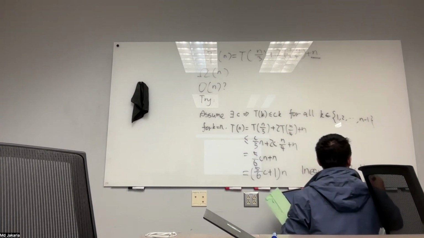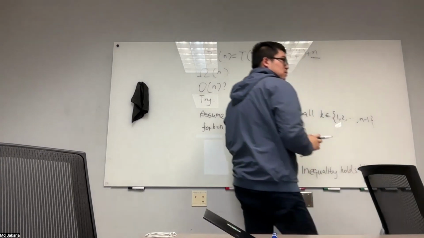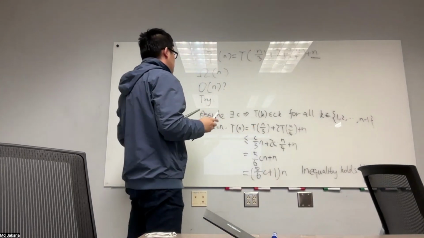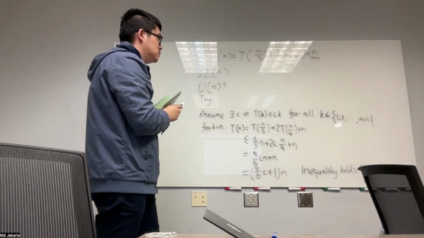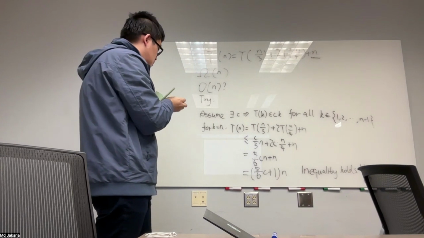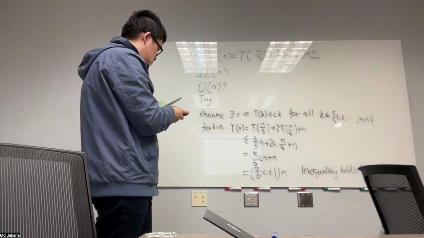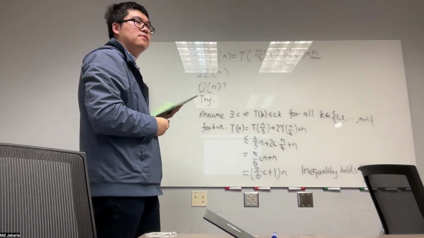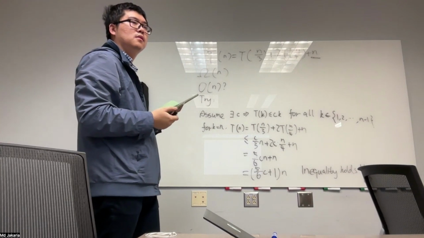And that's the proof. That's the proof that this thing is linear. Any questions for this part? All good?